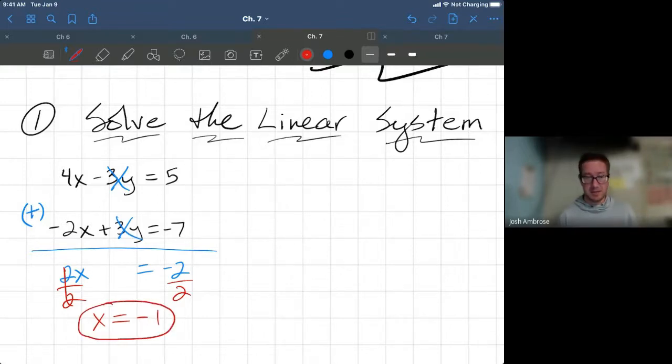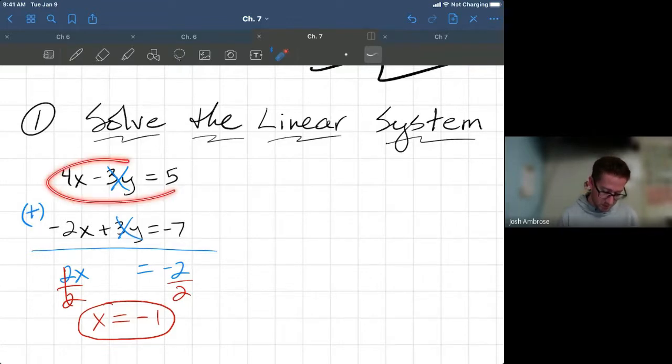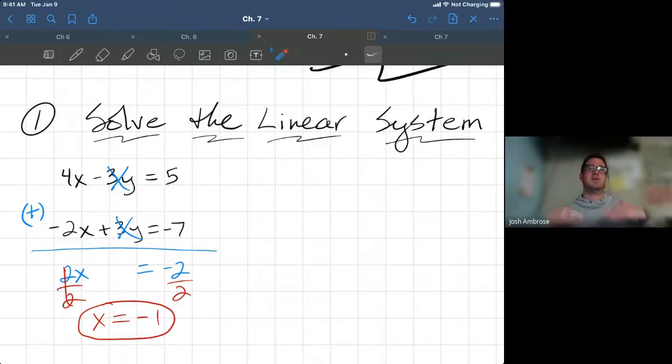All right, the majority of our work has already been done. Now comes the easy part where we pick one of the originals, one of the entire originals. That's important to understand. I know we eliminated y at the beginning, but now we go back and it's one of the originals where x and y are still there together. So it doesn't matter which one we're going to use. I'm going to choose the top one, okay?